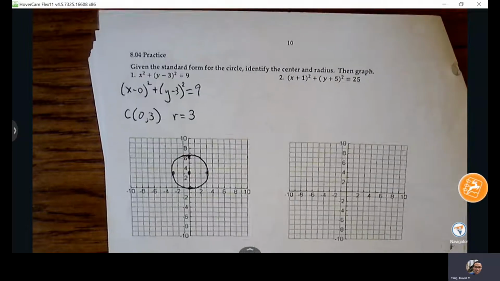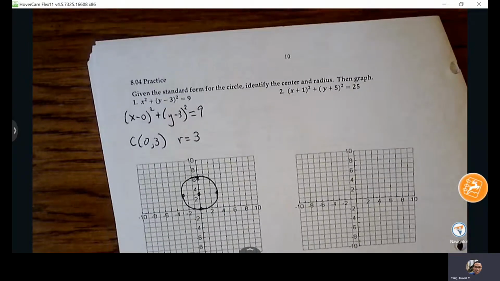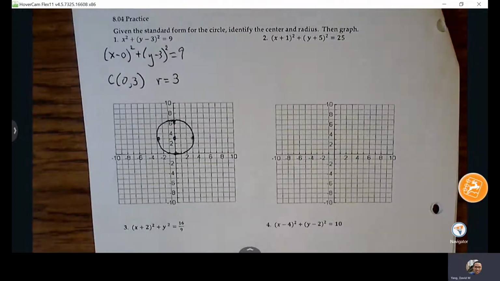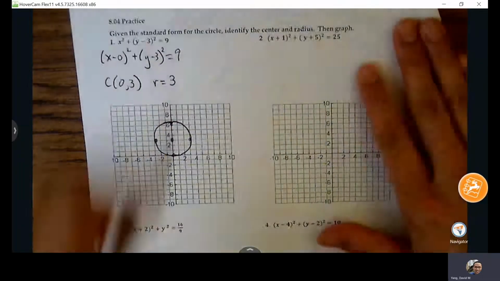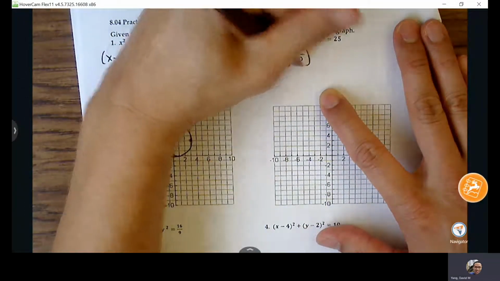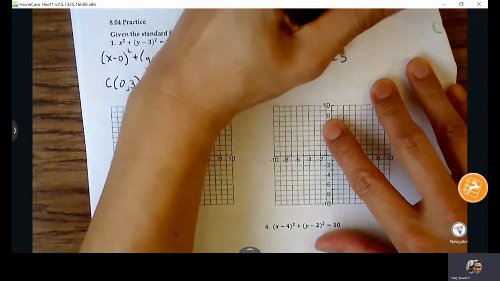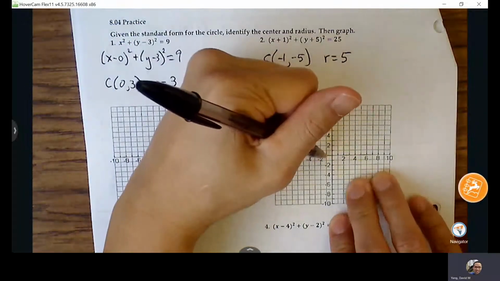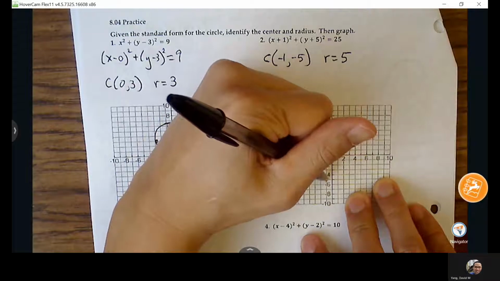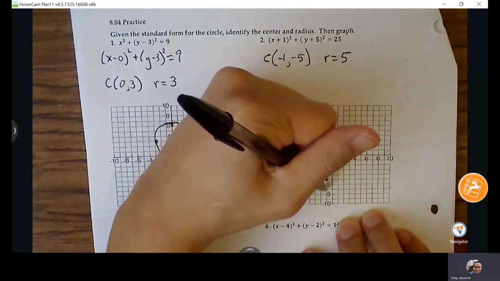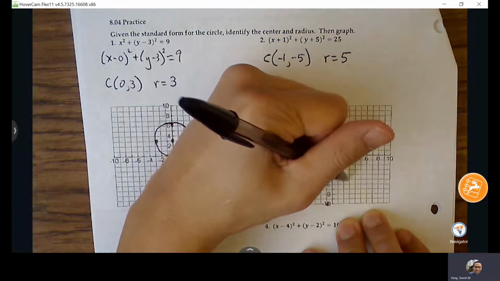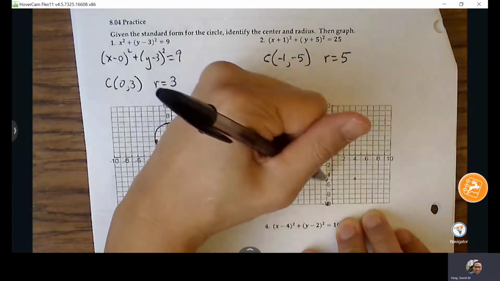Okay, page 10 and 11 is our classwork. I'll just work through these problems as you guys are doing them as well. Go ahead.